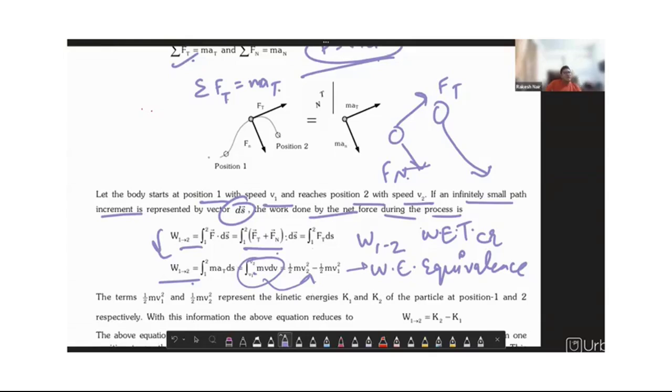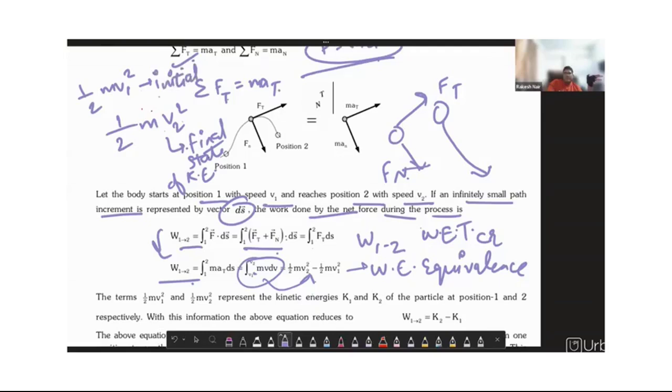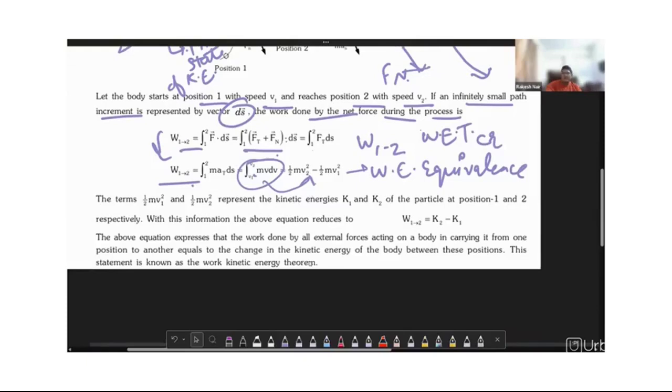If we consider kinetic energy to be half m v square, then half m v2 square is the final state of the kinetic energy, and half m v1 square is the initial state, and we take the subtraction.